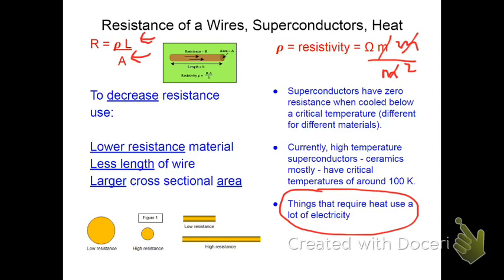The idea is to get something very, very cold, usually down to about 100 Kelvin, which is like negative 173 Celsius, which is pretty darn cold. It takes as much energy to cool things and keep the system cooled as the energy savings that you get out. So currently there's a lot of research going into superconductors, but they're not necessarily a viable solution.